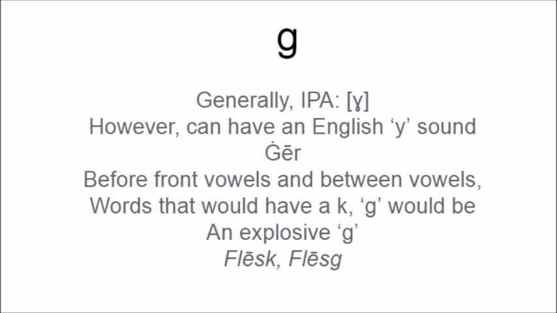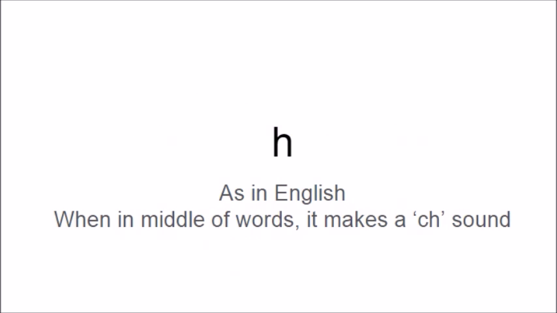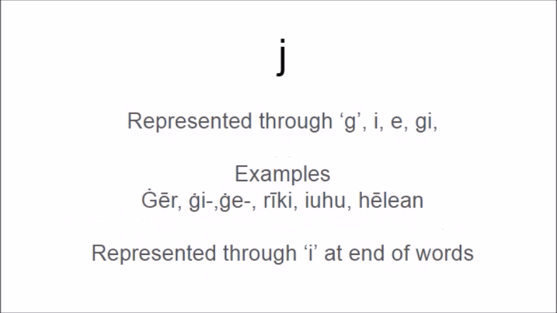Anyway, moving on. H, as in English, ha, and in the middle of words, it makes an H sound, as in German. J. J is an interesting letter as well because it has a number of functions. It's represented through G, I, E, and GI.